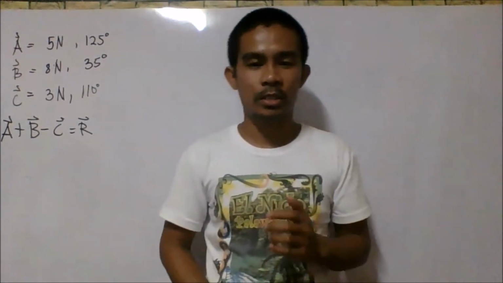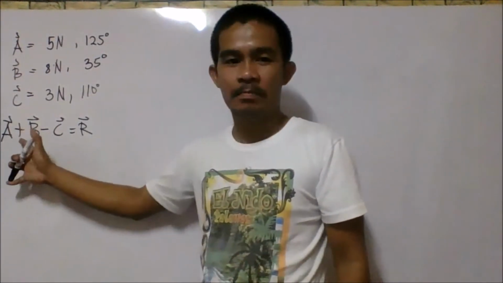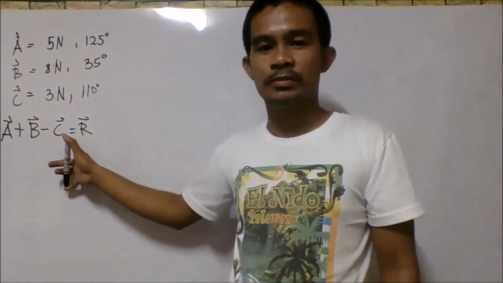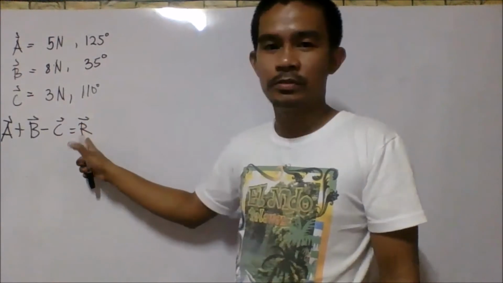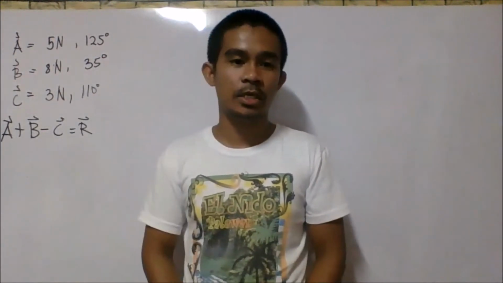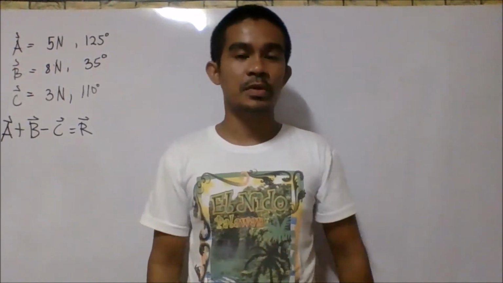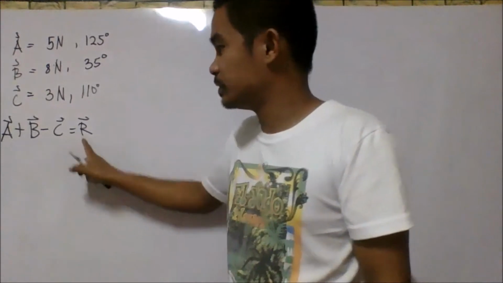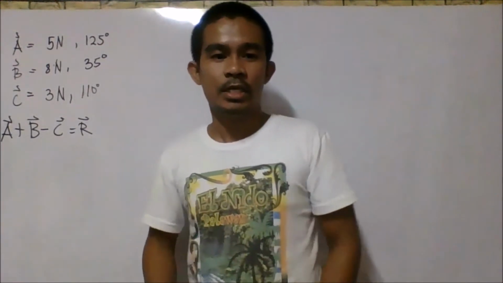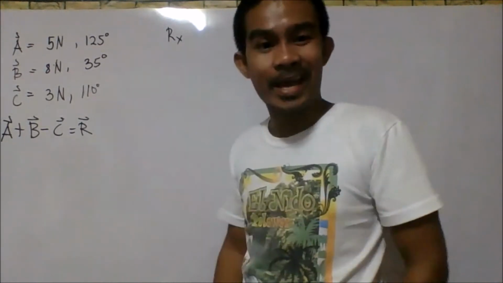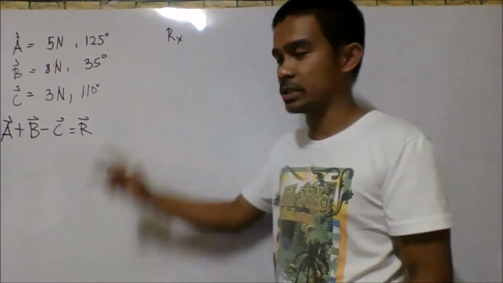And we wish to find vector A plus vector B minus vector C, which is equal to vector R, and we will look for vector R using their components. So first thing to do is to find the x and y components of vector R. Let us find first the x component of vector R, which is R of x.